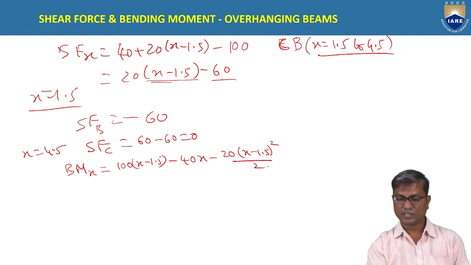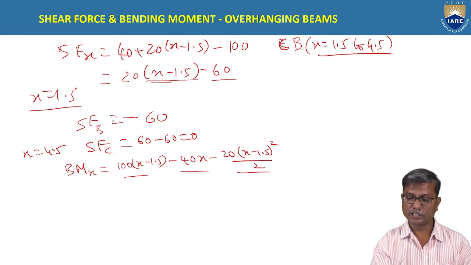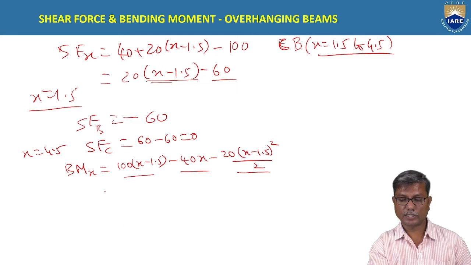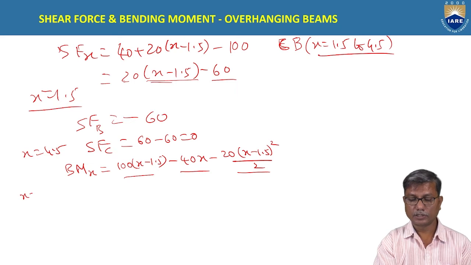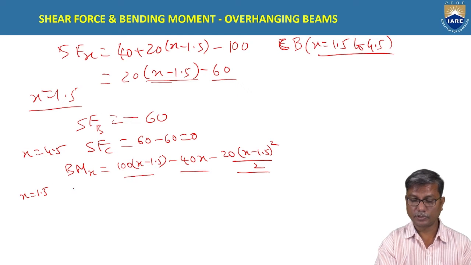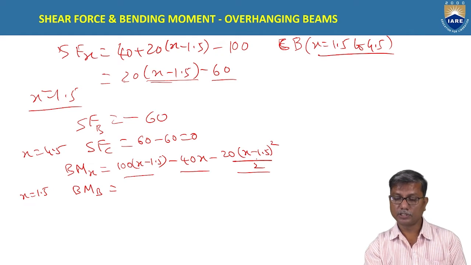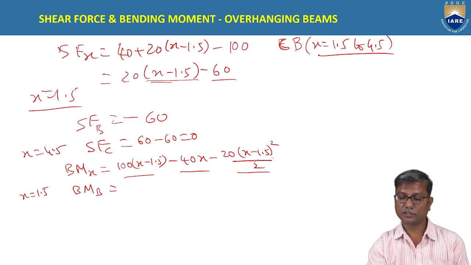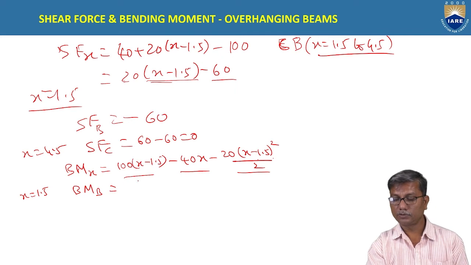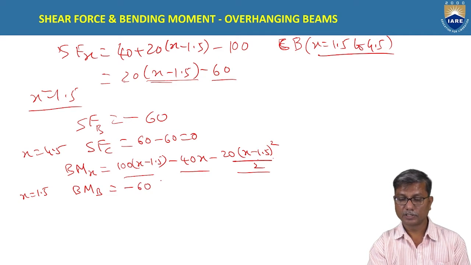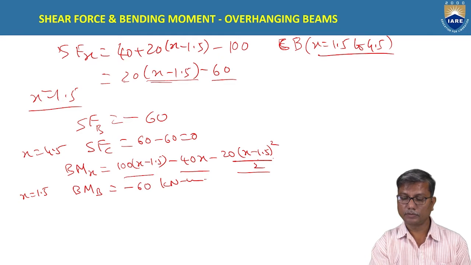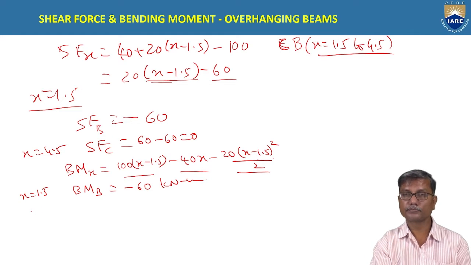These two are hogging bending moments and this is sagging bending moment. Now substituting the limits, X equal to 1.5, you will get bending moment at B. So at X equal to 1.5, first and third terms become 0. So 40 into 1.5, you will get 60 kilonewton meters, minus 60.